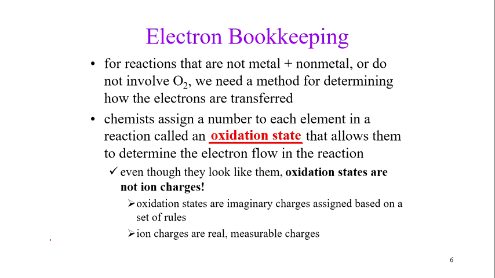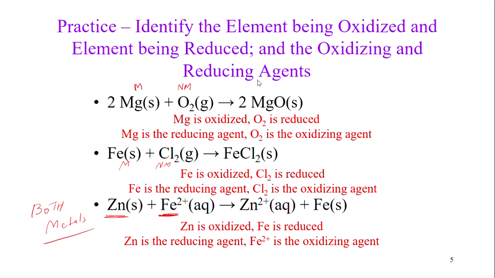Right now, I'm going to ask you to think about the first bullet: for the reactions that are not metal and non-metal, or do not involve oxygen. When we say oxygen, it means we are going to have oxidizing, like this example, we are going to have oxidizing agent.